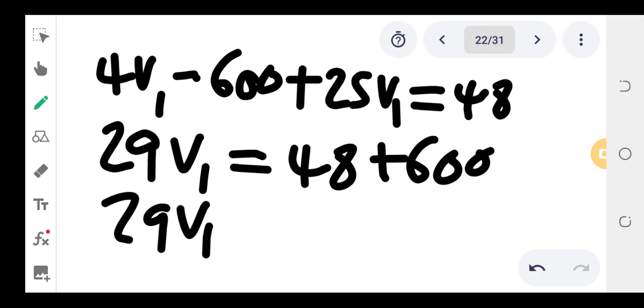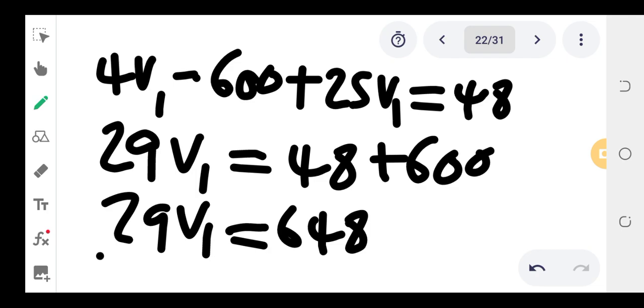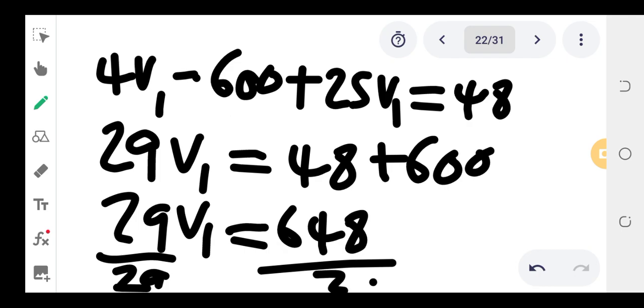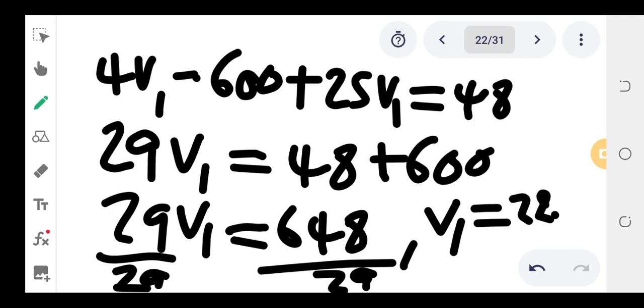So we are getting 648 there. If we divide throughout by 29, over 29, we are getting V1 as 22.34.